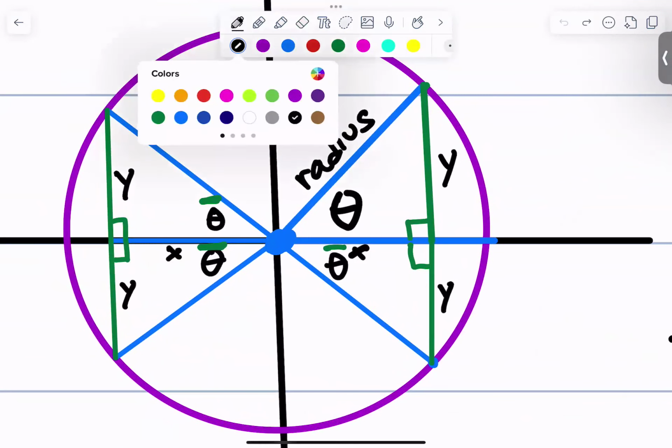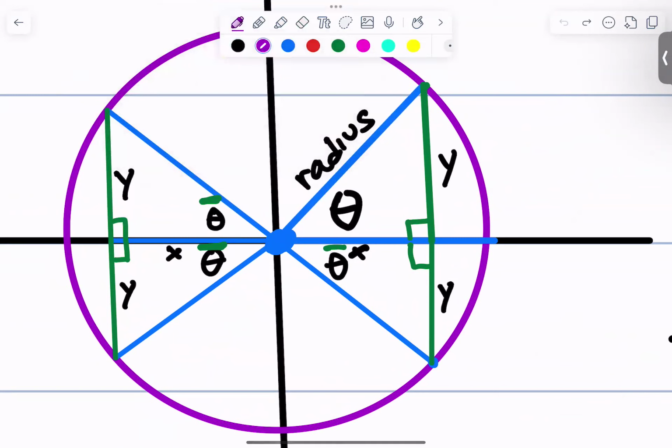And we have, in standard position, an angle starts off with the positive x-axis as our initial side. And if I'm drawing this angle here, theta, this would be my terminal side, right? Okay.